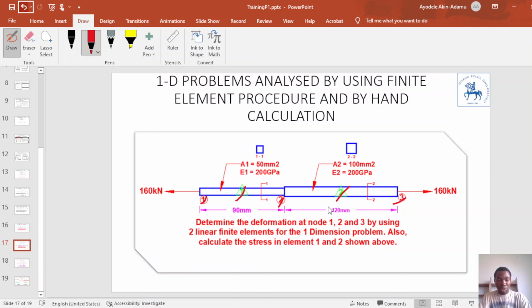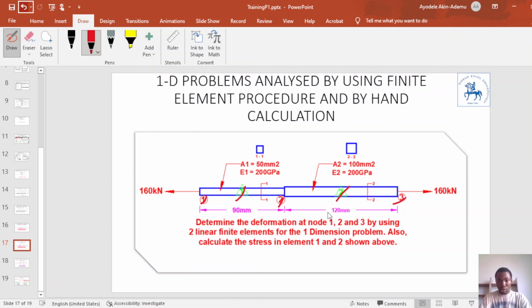In addition to all this, I would like to say that the finite element procedure is not a method that actually gives exact solution. The accuracy of the finite element solution most times depends on the number of finite elements into which you break your structural problem.